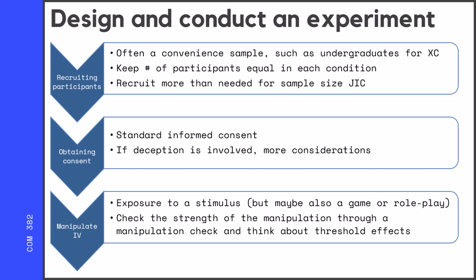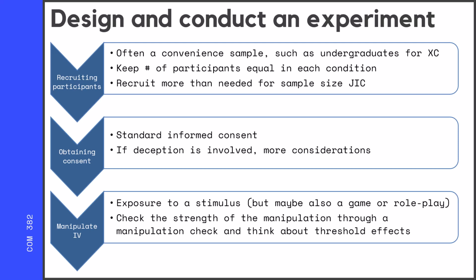So it's not as big of a deal to have some sort of representative sample. When you're recruiting participants and randomly assigning them to conditions, you want to keep about the same number in each condition. And you definitely want to recruit more people than you need for your sample size, just in case something funny happens. In general, we usually have about 20 participants or 20 items per condition. You get a couple more just in case something funny happens.